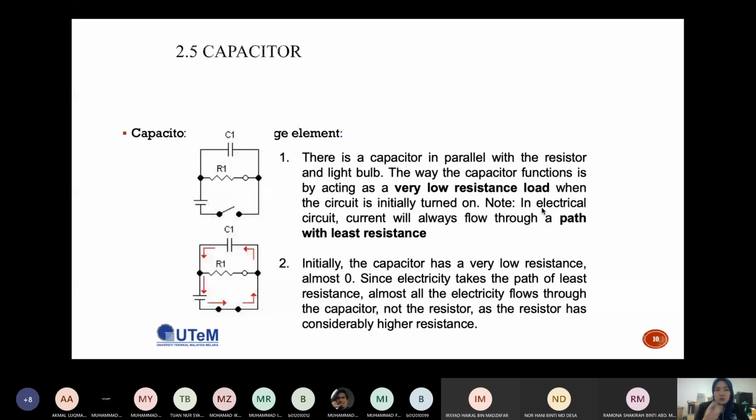First, let's look at the first figure here. You have a circuit with a battery. The battery is the source. You have a switch, a resistor, and a capacitor.